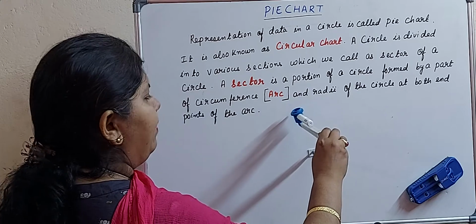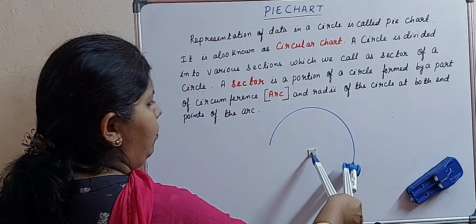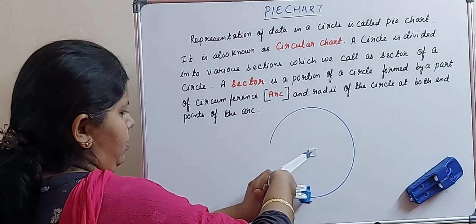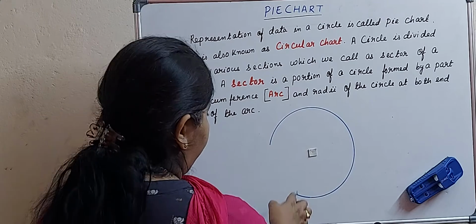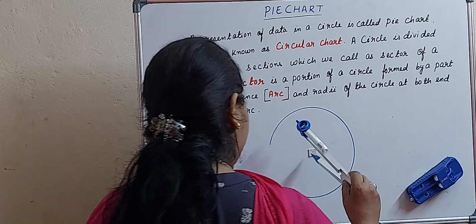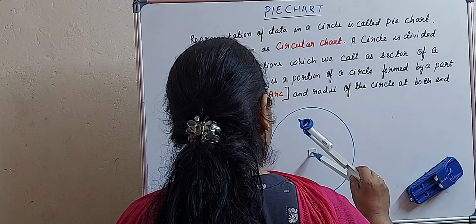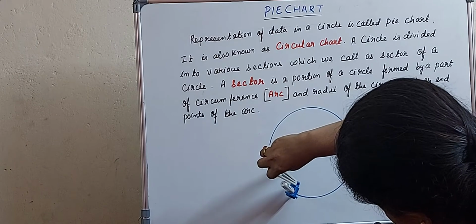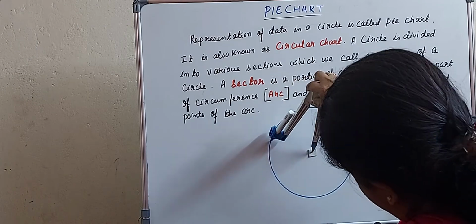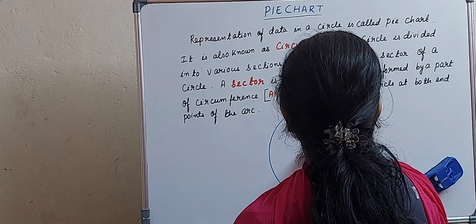Now I have fixed the center, and now I will just turn it around. So in this way we have got the complete circle.